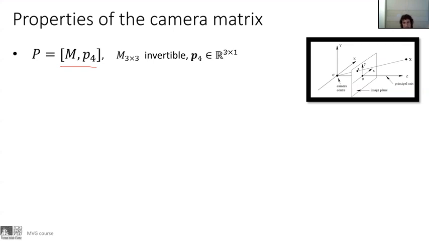Later on, you will see that this is not related only to these two versions, it's also related to some inner parameters of the camera. And I would like to write it like this. This is a matrix of size 3 by 4. It's not written here, maybe I'll write it now.